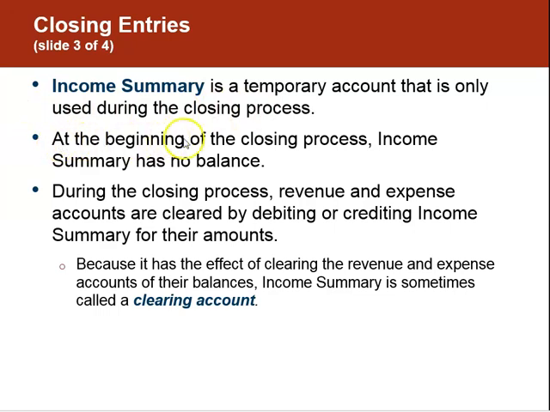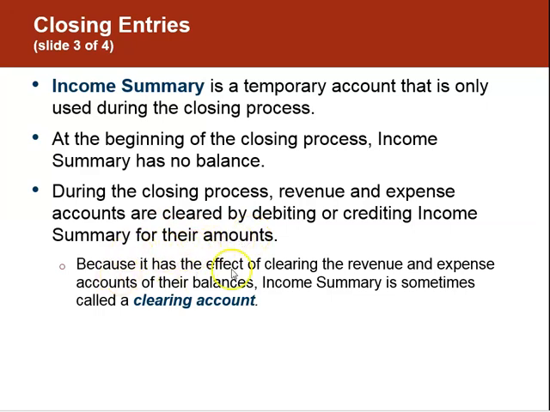Listen, at the beginning of the closing process, income summary has no balance. However, during the closing process, revenue and expense accounts are cleared by debiting or crediting income summary for their amounts. Okay, let's continue on.